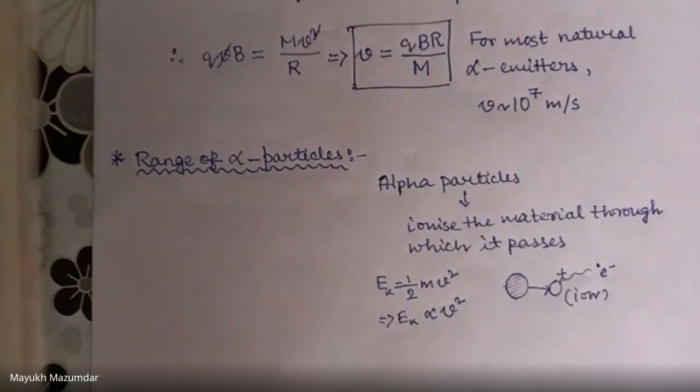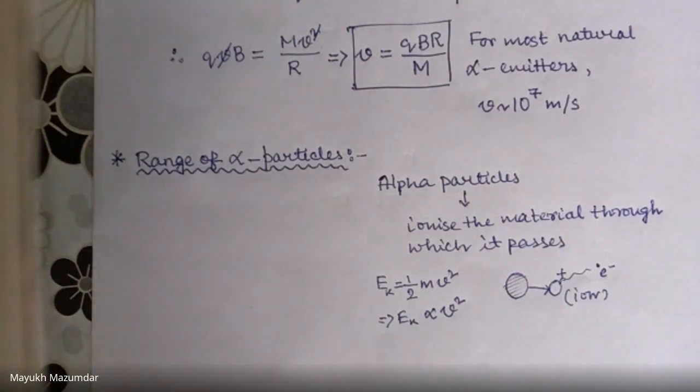So the alpha particle will go on ionizing, and eventually its velocity will go on decreasing. Then it will stop moving and hence stop ionizing. After a particular distance, it will cease to ionize. The distance that it travels till that point is called range of the alpha particle in that medium.